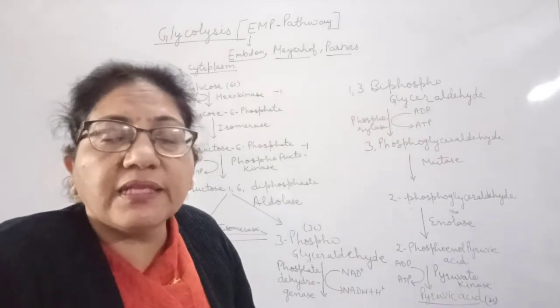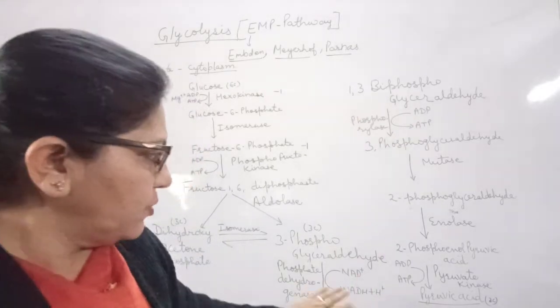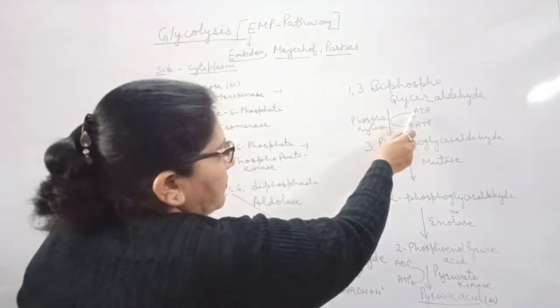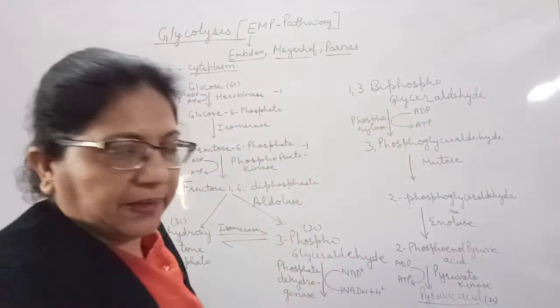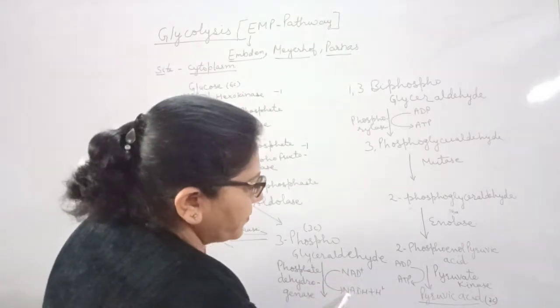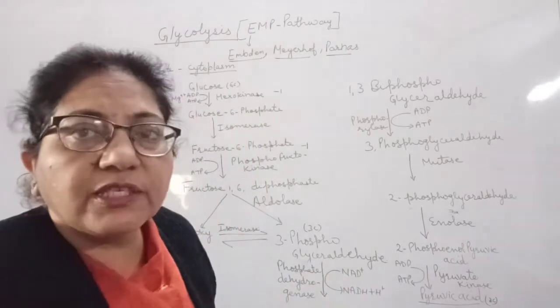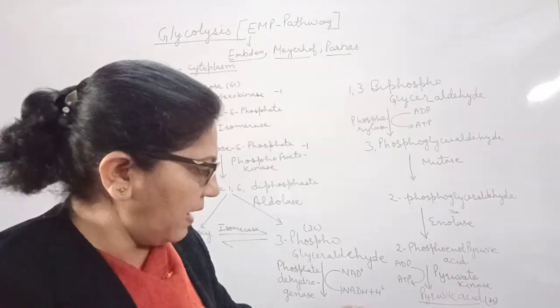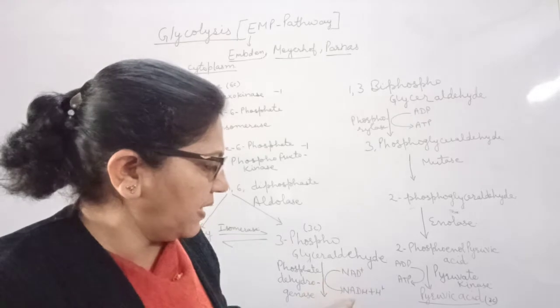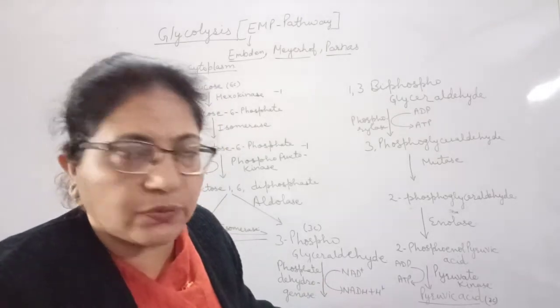Again there is addition of a phosphate. There is reduction, so NAD forms NADH, because the reduction is there, and here we have taken the coenzyme NAD, which is converted into NADH2.